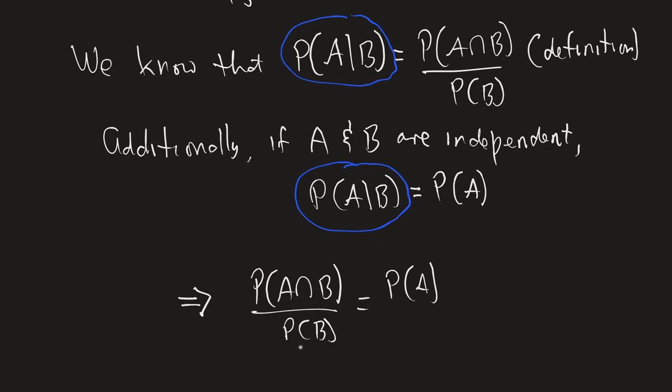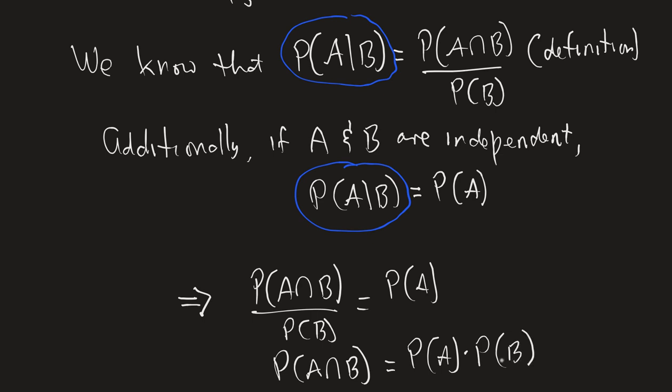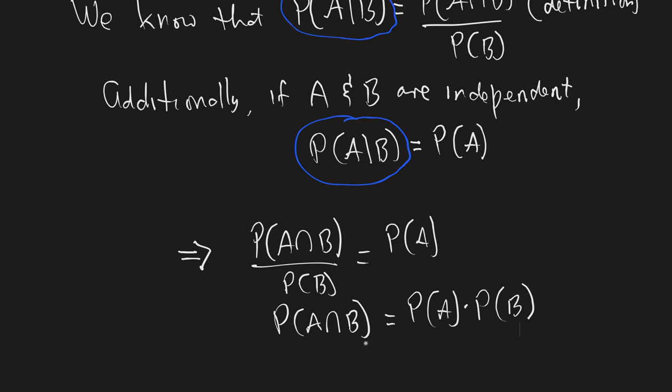This is a special result, but now I can write this in a really nice way and say that the probability of A intersect B is equal to the probability of A times the probability of B. And this is probably one of the most powerful results that you can get out of independence.